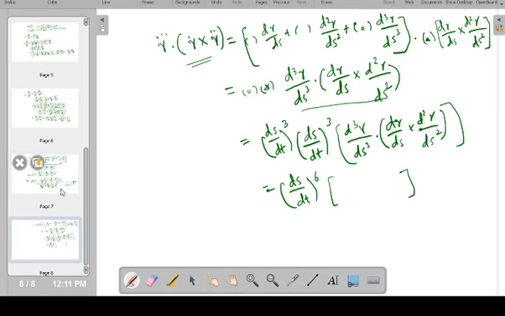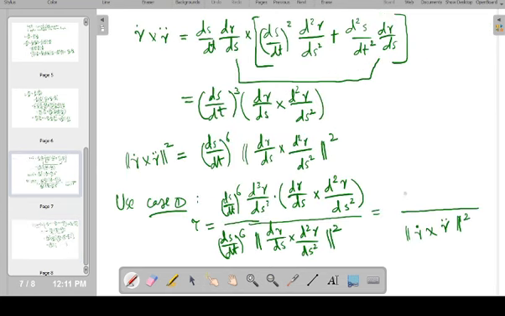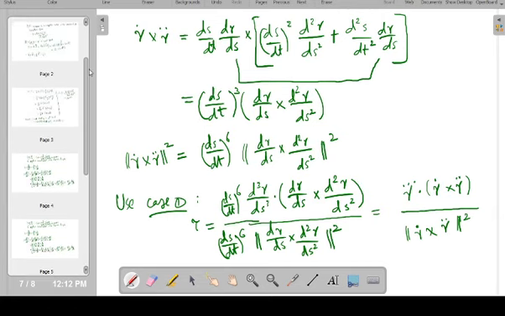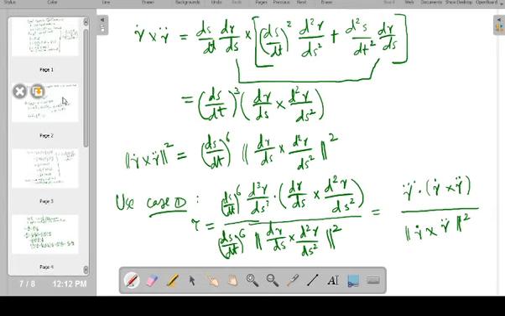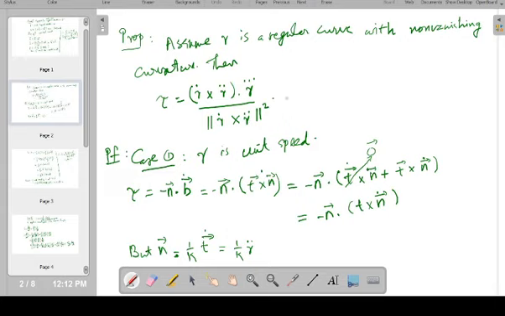So let us substitute there. I think this is the formula we wanted to prove, and we proved the formula in the general case as well. Thank you.